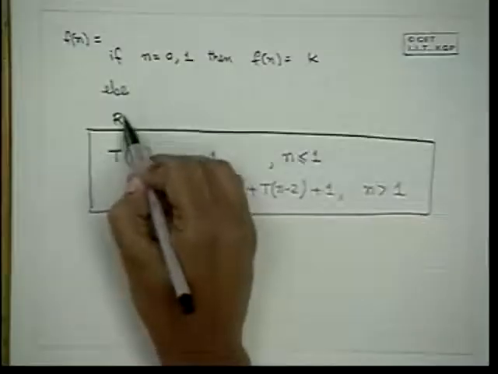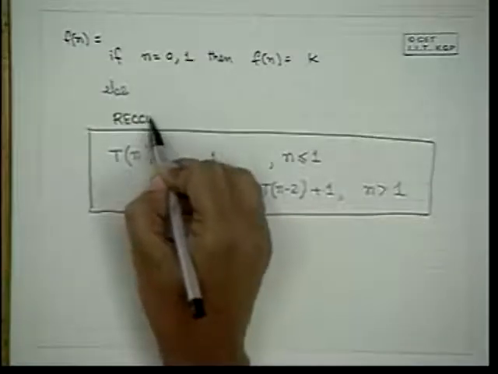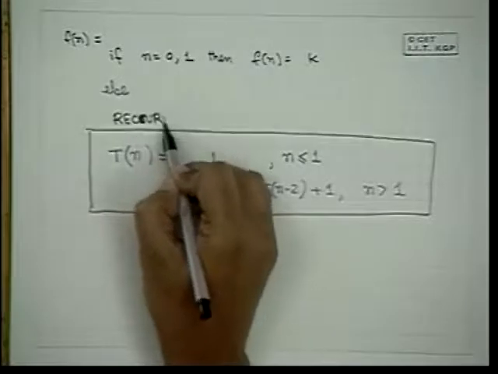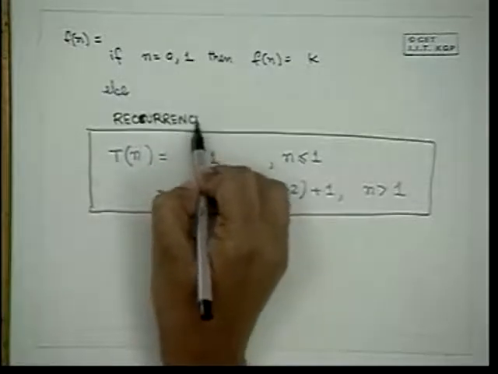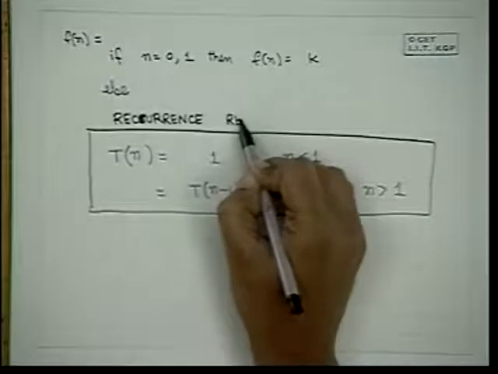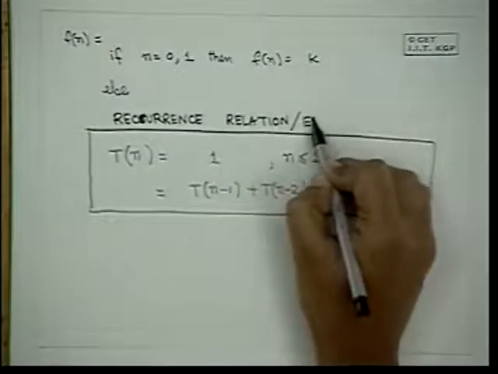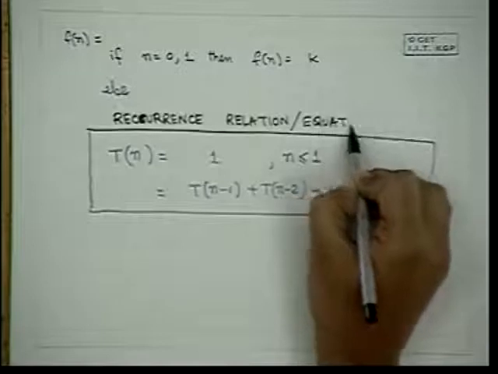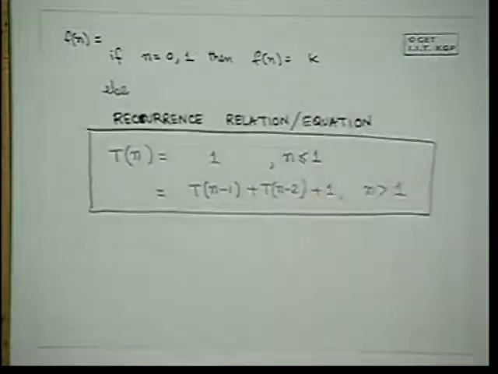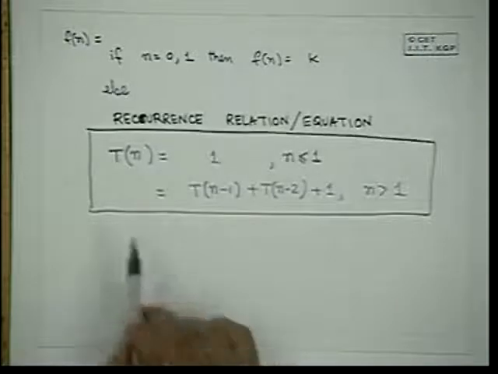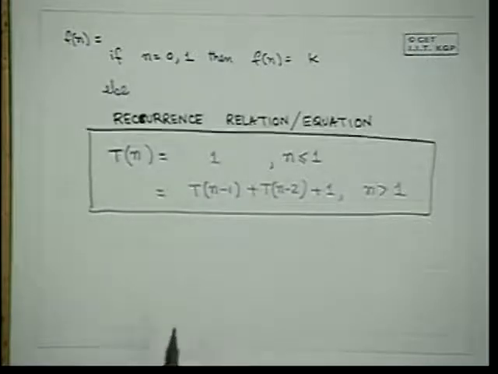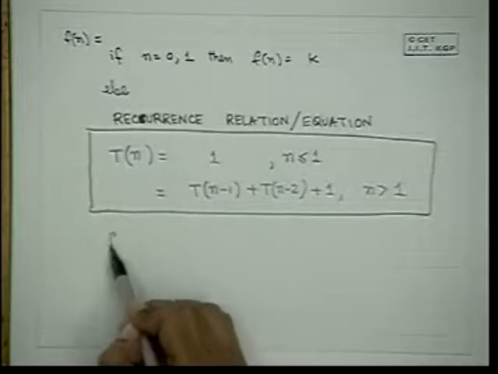This is called a recurrence relation or a recurrence equation. This one can be solved. Do you know the answer to this one? Can you solve it in terms of Fibonacci n?